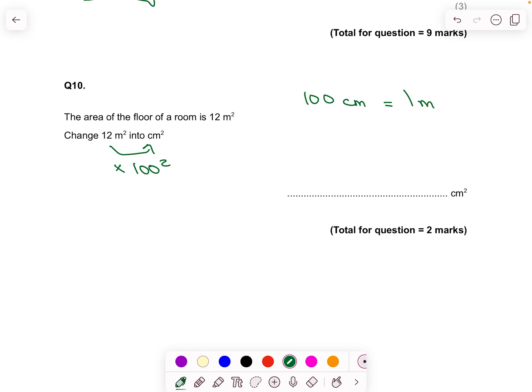Remember we said for volume, we would times by 100 cubed, but in this case we need to do 12 times 100 squared, which gives you 120,000.